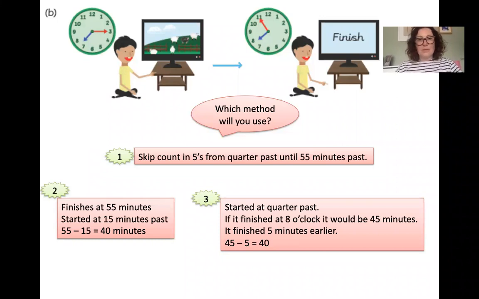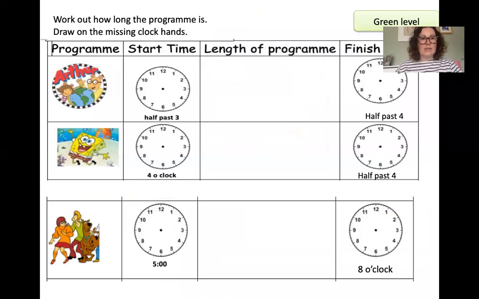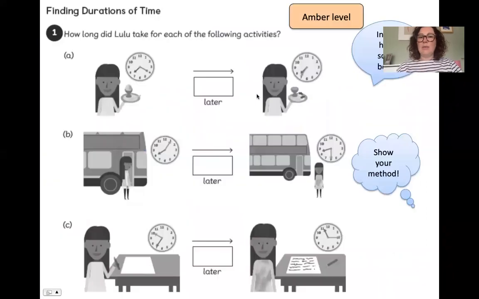Now, in the worksheets, this is the green level one. You've got to work out how long the programs are. You need to draw the arms of the clock on and work out how long each program is. The amber level for everybody is, again, working out how long each activity took.